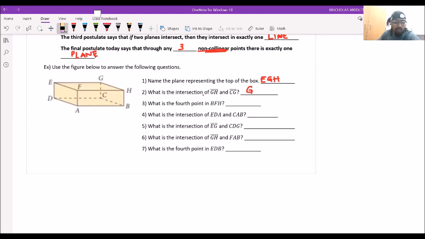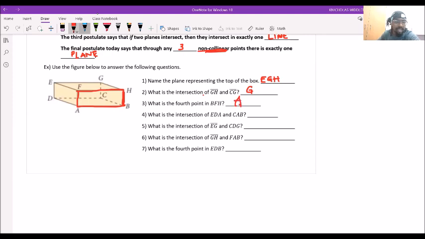Number 3, what is the fourth point of BFH? BFH. Okay, so as I look at BFH, I'm asking how can I finish this piece of paper? This front plane. So BFH also includes point A.